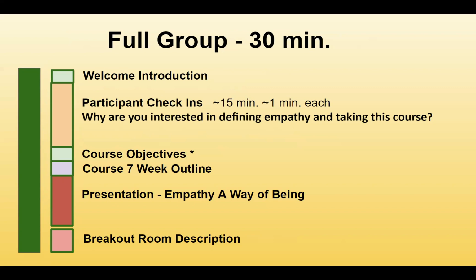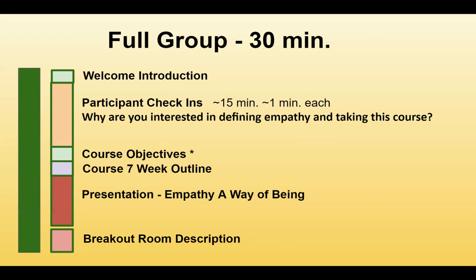And then we'll go into the course objectives, the outline for those. And then we'll have the course 7-week outline, just so you know what we're going to be doing in each of the 7 weeks. And then we'll have a presentation, and we'll introduce the empathy as a way of being model.